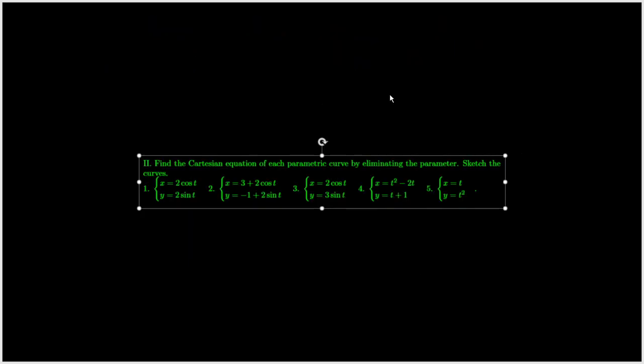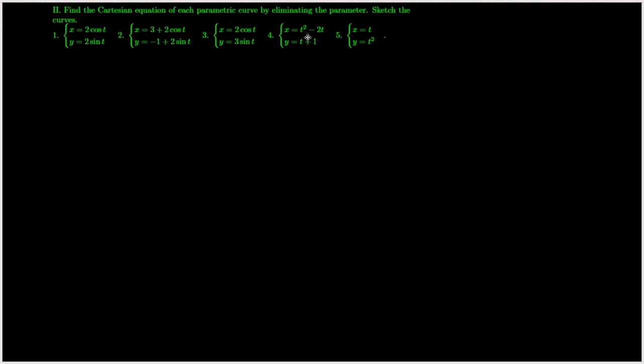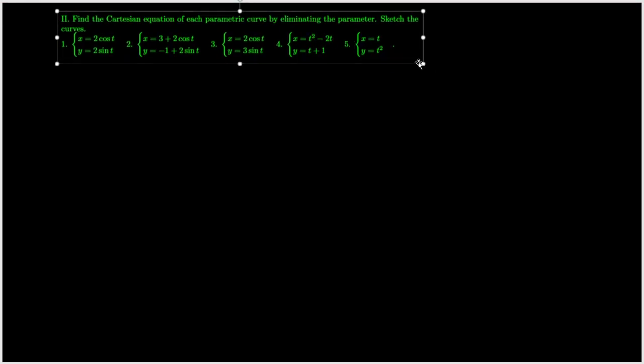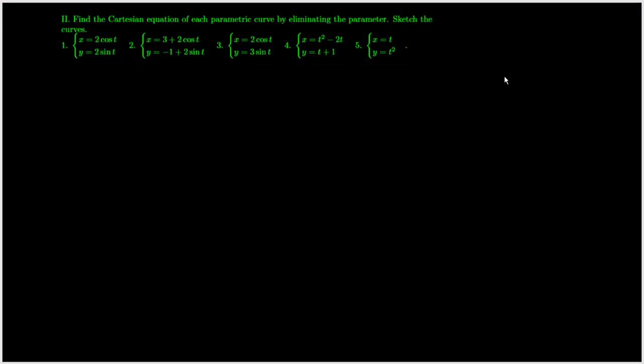But we'll do question 4. In question 4, actually the same idea. We're going to do something to eliminate t so that we can get a relation between x and y. That's how we get the Cartesian curve.